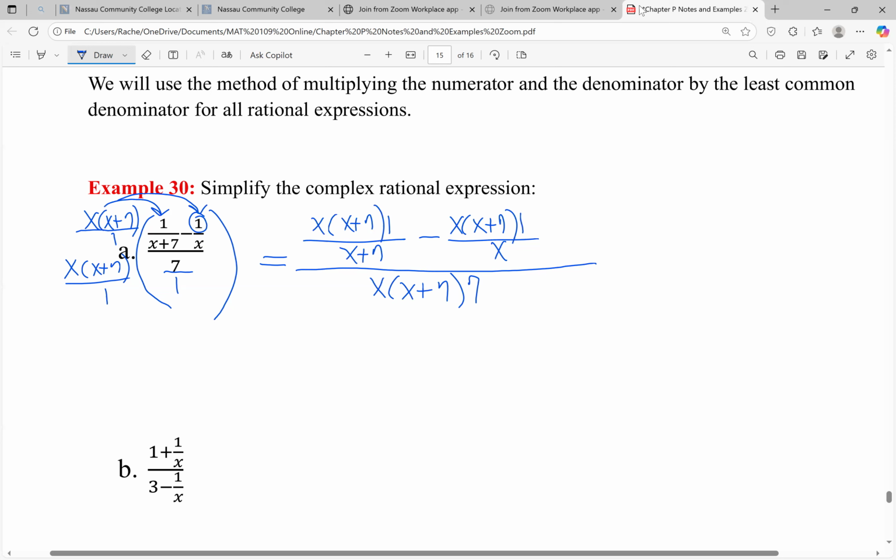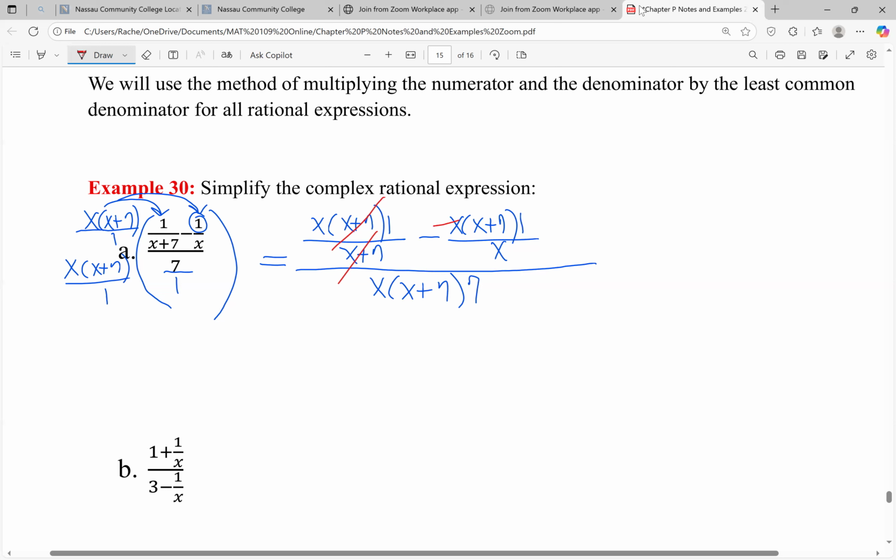Do not distribute in the numerator or the denominator. The purpose of this was to eliminate fractions in the numerator and the denominator by multiplying by the least common denominator. So look what happens. You see how I have x plus 7 over x plus 7 is just 1.